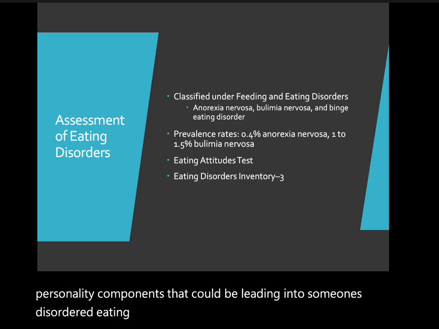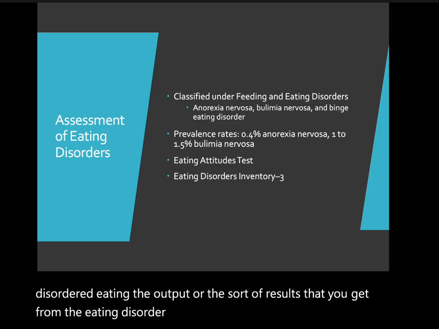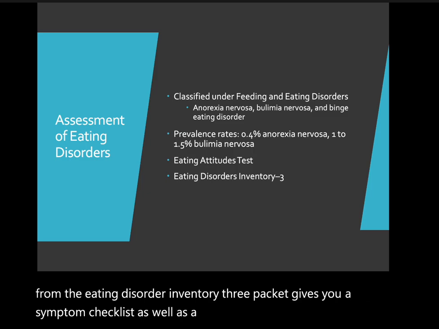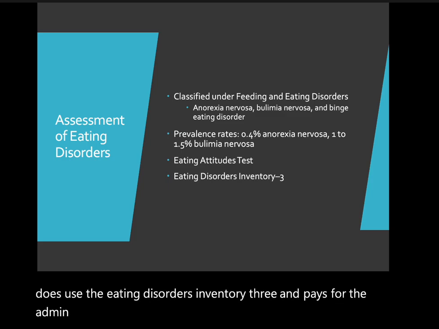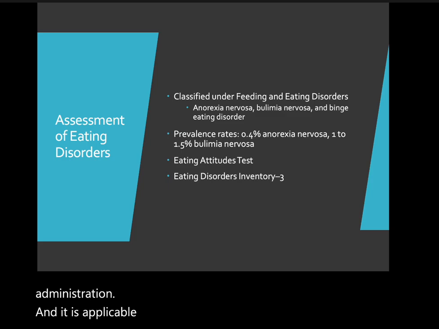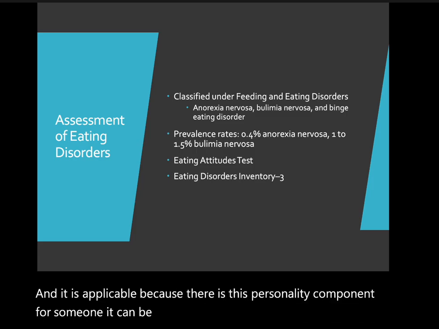The results that you get from the Eating Disorder Inventory 3 packet give you a symptom checklist as well as a referral form. So if your agency does use the Eating Disorders Inventory 3 and pays for the administration, and it is applicable because there is this personality component for someone, it can be really helpful.